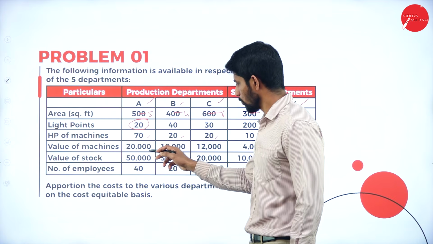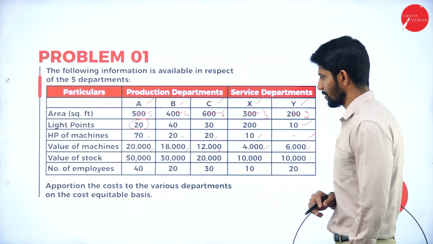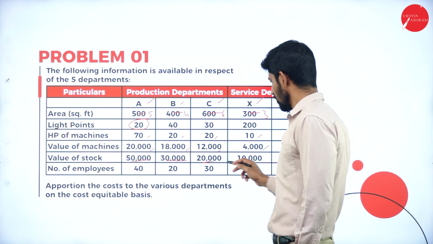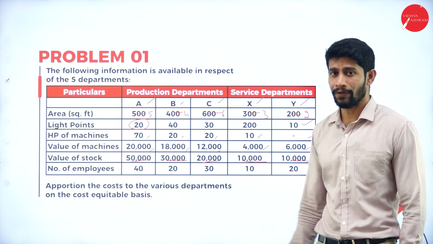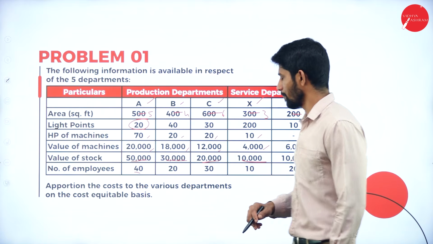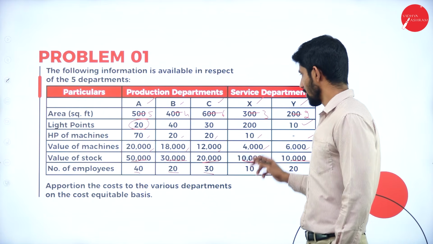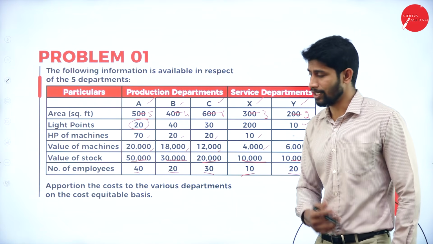Value of machines: 20,000, 18,000, 12,000, 4,000, 6,000. Value of stock: 50,000, 30,000, 20,000, 10,000, 10,000. Next, number of employees: 40 in department A, 20 in B, 30 in C, 10 in service department 1, and 20 in service department 2.